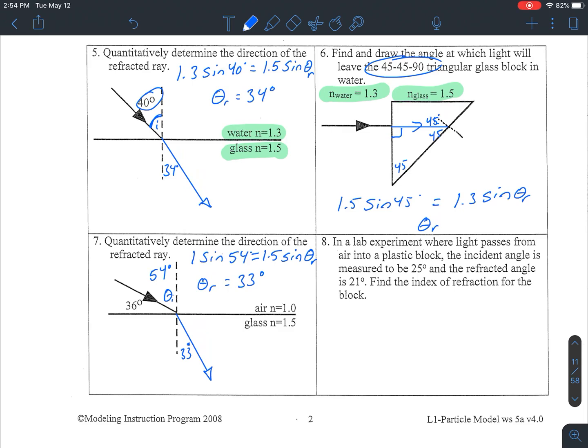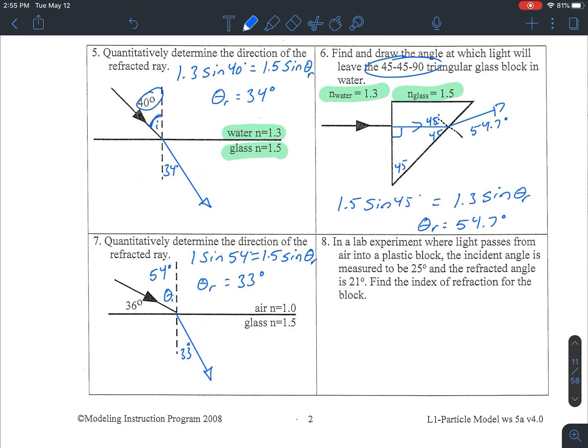So we solve for that, and we would get about 54.7 degrees, which straight through would be like 45. So we're looking to make that angle between the normal line and the line that I have drawn bigger. So it goes away, and this would be our 54.7 degrees.